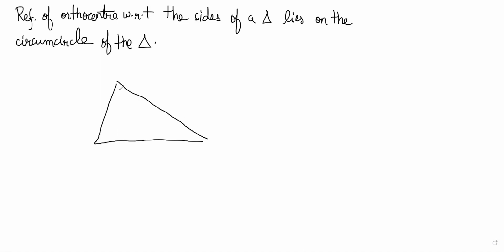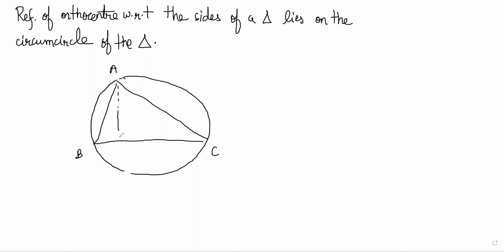Suppose this is the thing, and I'm going to draw a rough circumcircle here. This is A, this is B, this is C, and I have my orthocenter somewhere here.